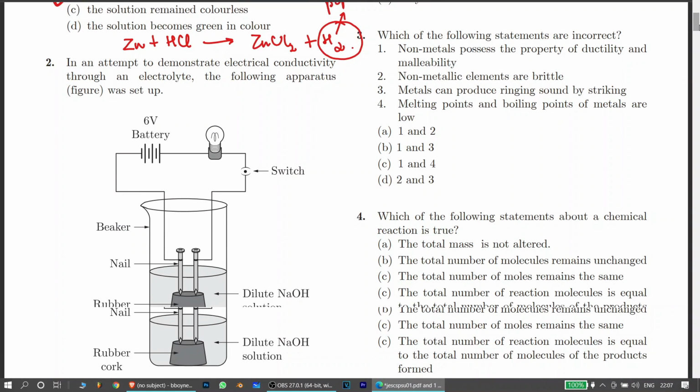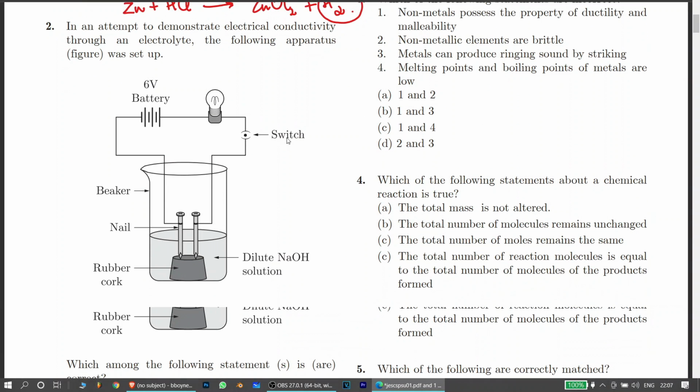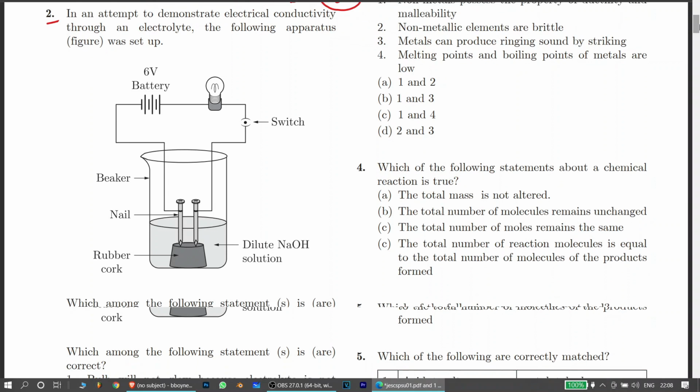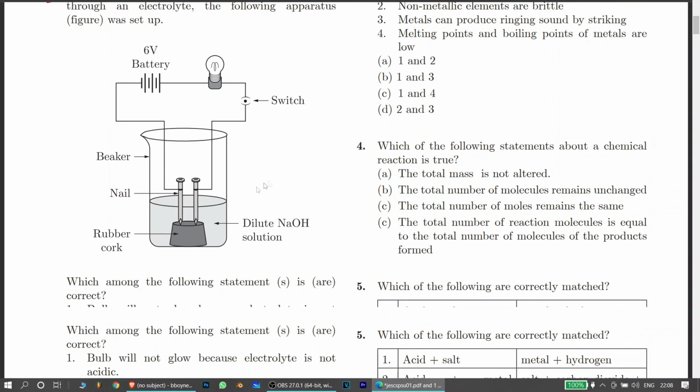Moving ahead to question number 2. In an attempt to demonstrate the electrical conductivity through an electrolyte, the following apparatus was set up. So this is an apparatus. What a student has done is, he has taken dilute NaOH solution. This is the main thing over here which you have to concentrate on.